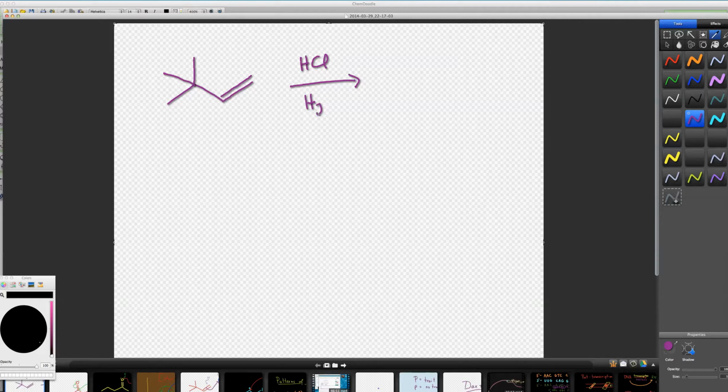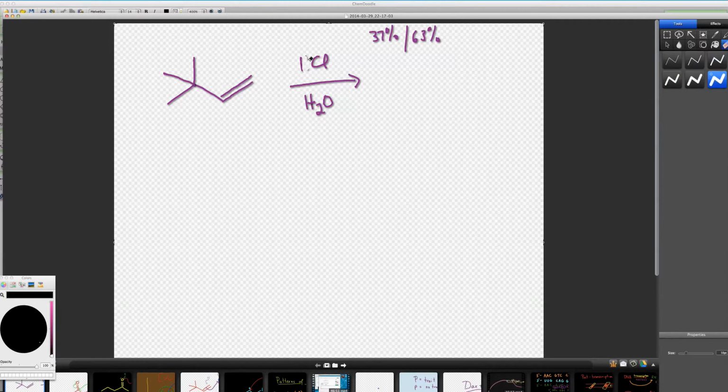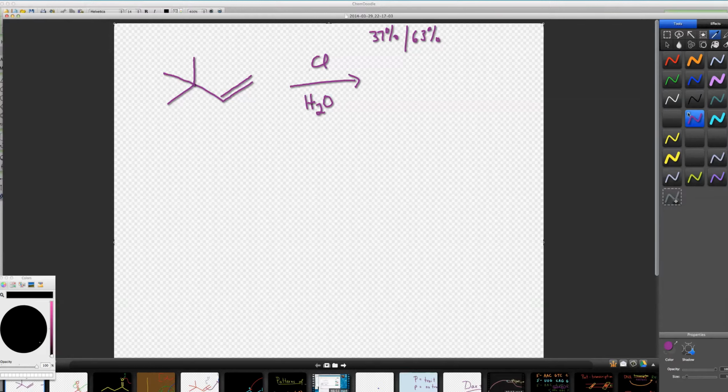Of course, even when HCl is at its most concentrated, it is only 37% HCl and 63% water. So if we do the arrow pushing, as you might expect, you are going to see a proton transfer step to get the reaction started.